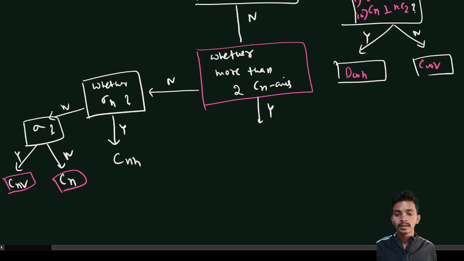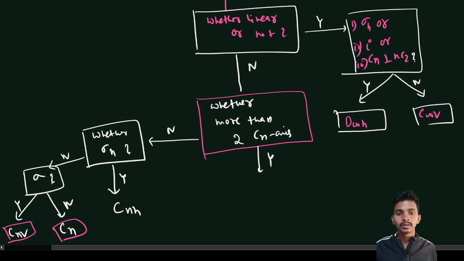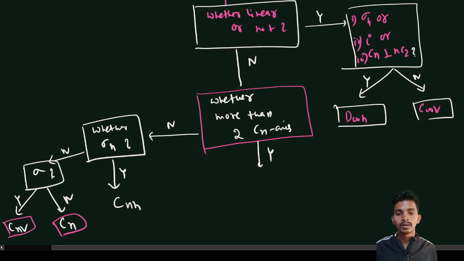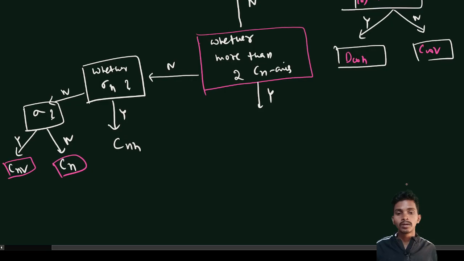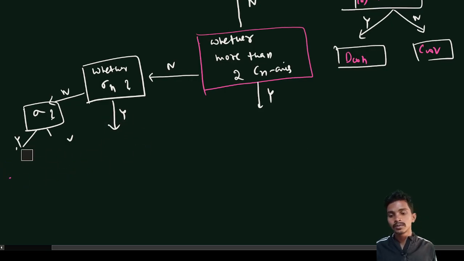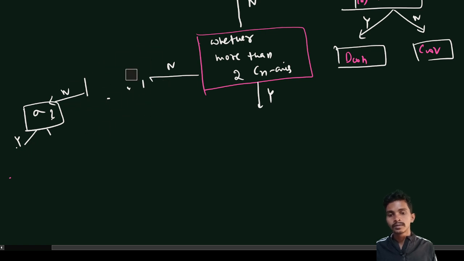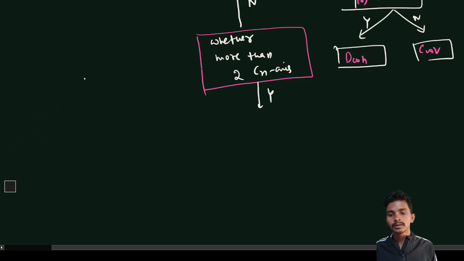So we can say that Cn, CnV, CnH have one rotational axis. Here we can do one more thing.